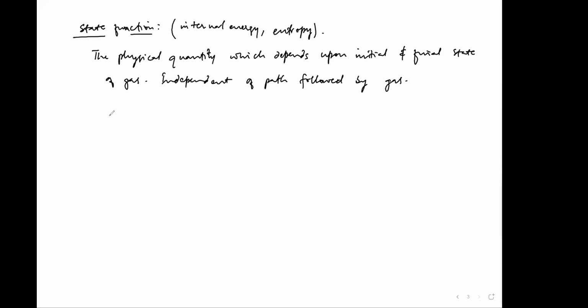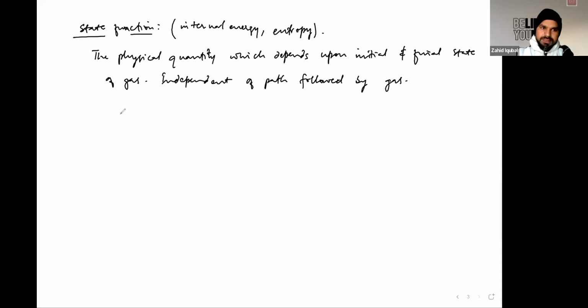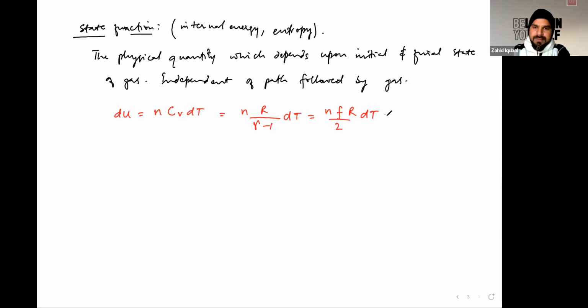So change in internal energy dU is equal to n times Cv into dT. Cv is the molar specific heat at constant volume. If you further expand it, you get n times R divided by gamma minus 1 into dT. In terms of degrees of freedom, it equals n into f divided by 2 times R into dT.